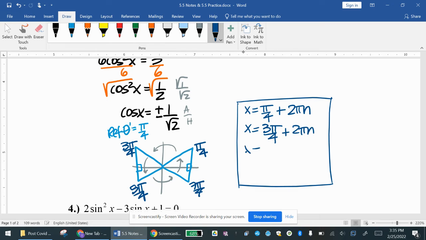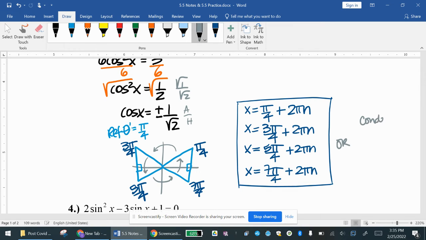Or if you understand how condensing works, you can say, hey, I don't need to write all these separately. All I need to do is tell them that if they start at pi over 4, I'm going to put, or condensed, you can say, hey, start at pi over 4 and just add pi over 2n, which is the distance between all the angles, which is 2 pi over 4.